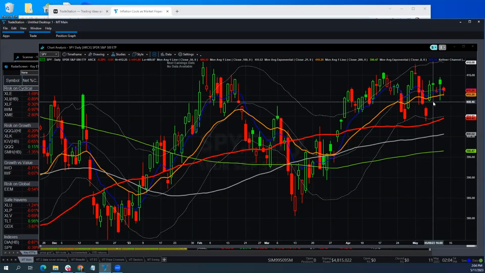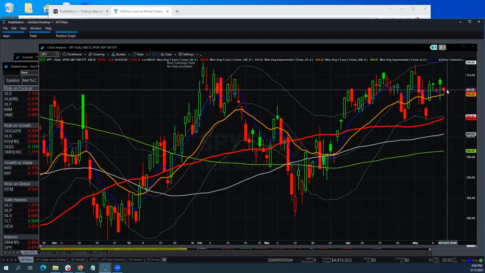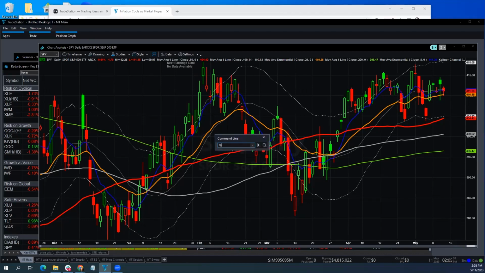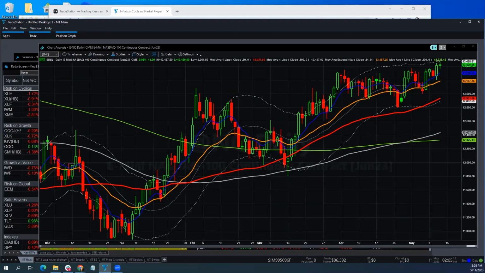Now, you also have to be careful of something like this because sometimes when a market is waiting, it can just inch higher, squeeze really good, and then just have an implosion. In fact, one of the things I was starting to look at is the NQ, the futures on the NASDAQ.